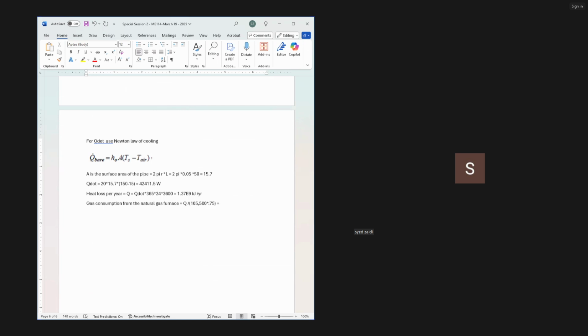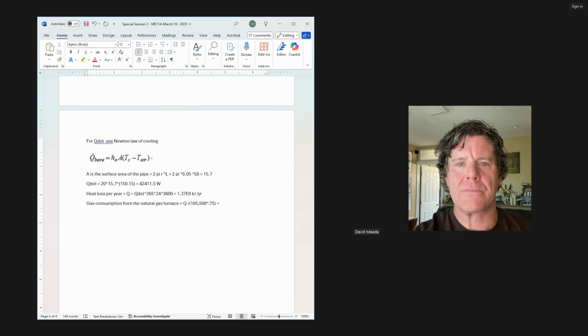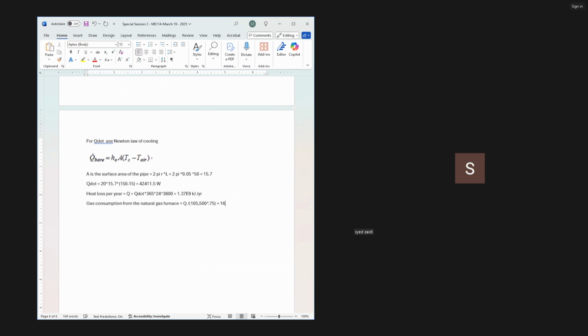So can you calculate what the value is? How many therms per year do you get? Is it 16,903 therms per year?